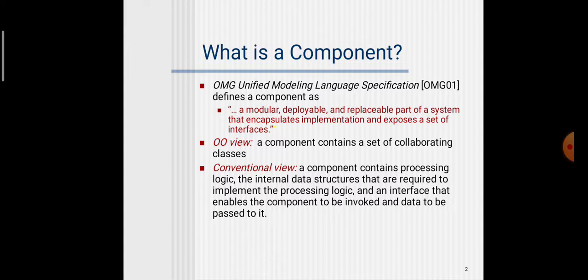In the sense, suppose I have a component based on printing, then it should have some input interface so that it can receive the command for printing. It should have some output interface so that after printing it will display the pages or give a report of how many pages have been printed, or the quality of the printing, and so on. So there are two different interfaces connected with a particular component called printing.